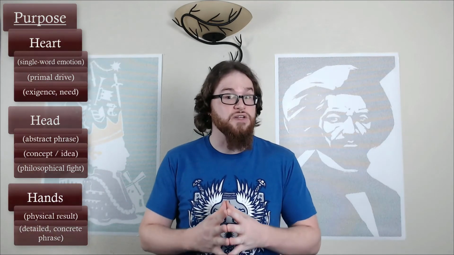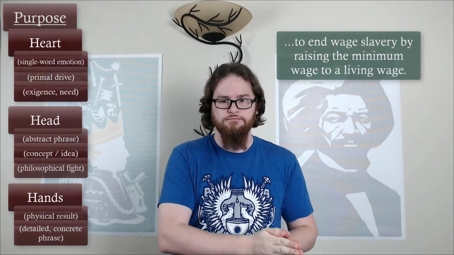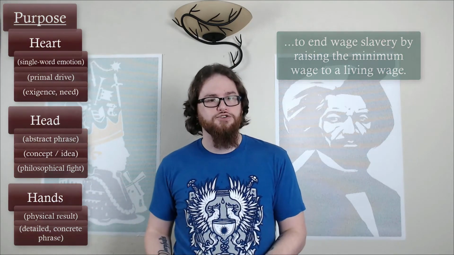Once you have an emotional drive and a rational fight, the next step is hands. This would be the physical result that the speaker is advocating. And you'd want this to be as specific a phrase as you can get. Something like, to end wage slavery by raising the minimum wage to a living wage.